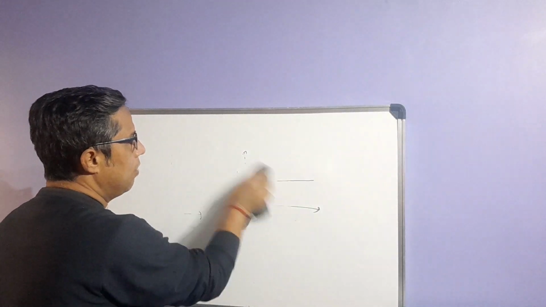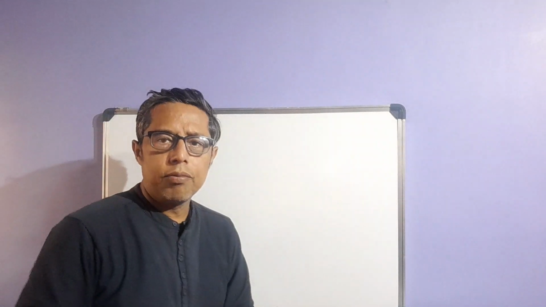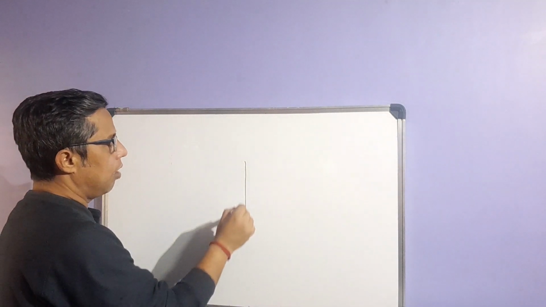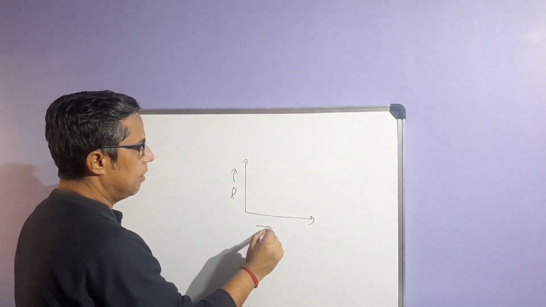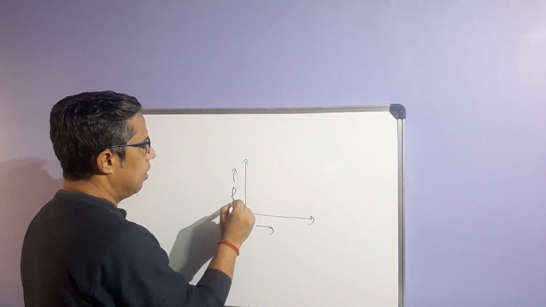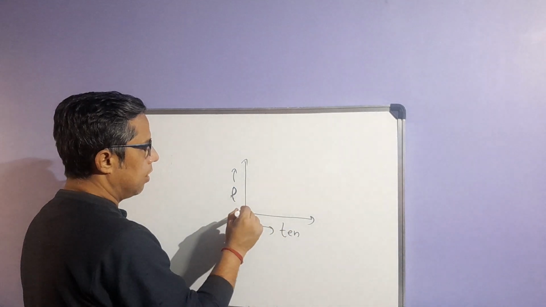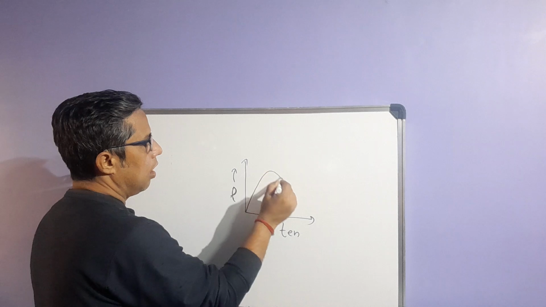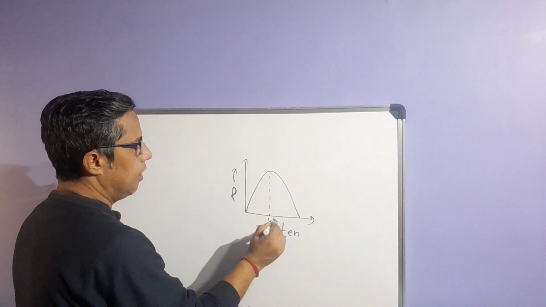These are the corrections you have to remember during the quick revision before the exam. Now next is the density graph. With density on the y-axis and temperature on the x-axis, the graph will be like this. Density is maximum at 4 degrees centigrade.